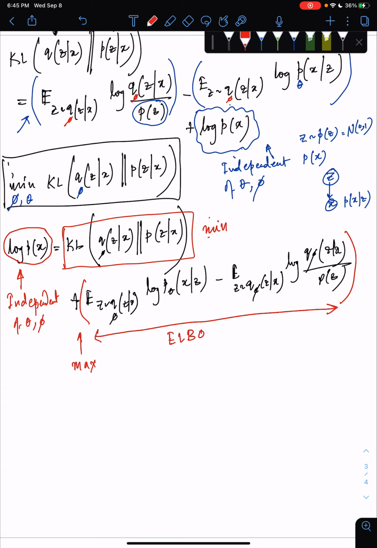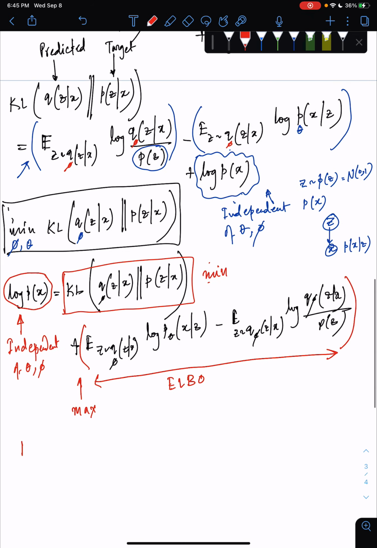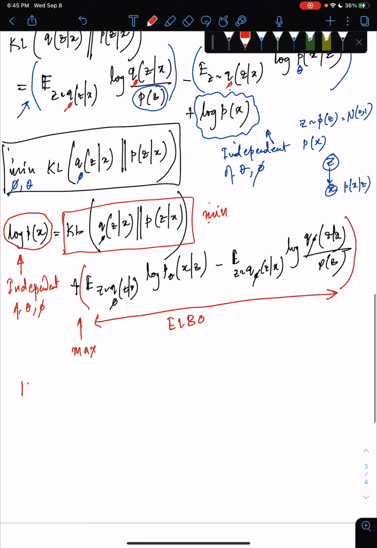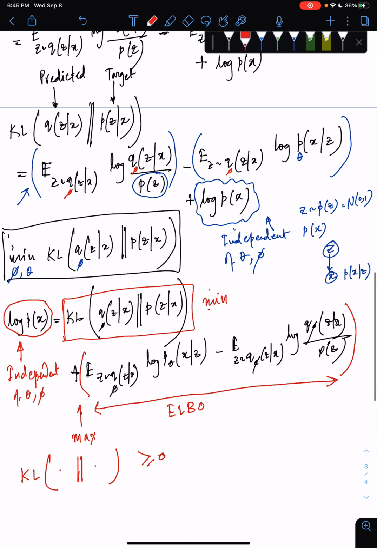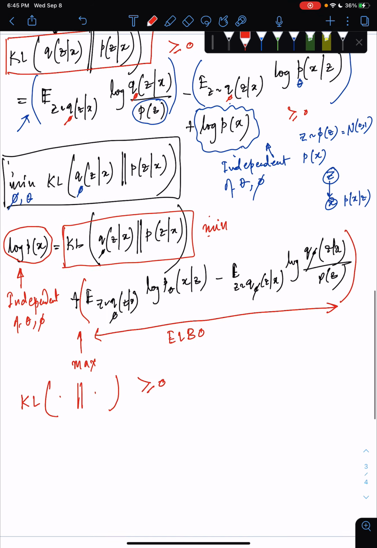Because our KL divergence is greater than or equal to 0. So this quantity is greater than or equal to 0, which means this quantity is also greater than or equal to 0.